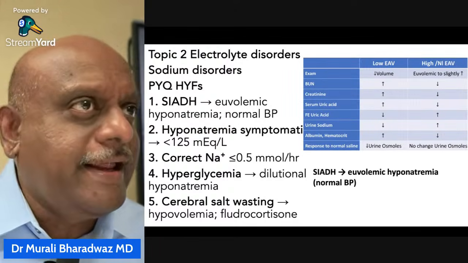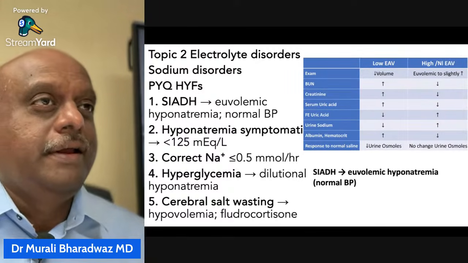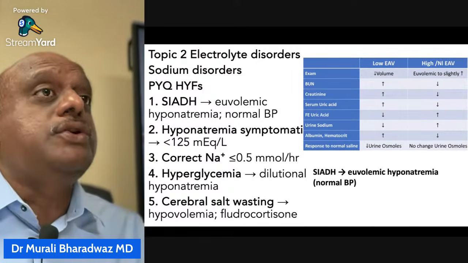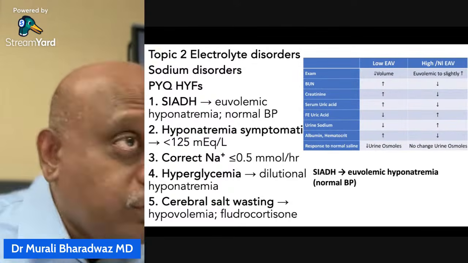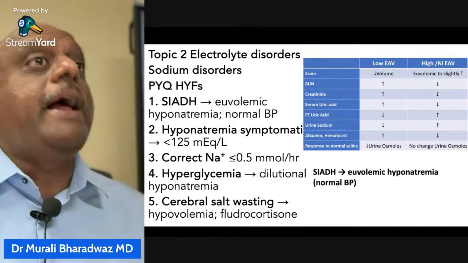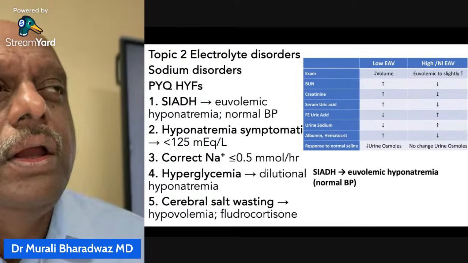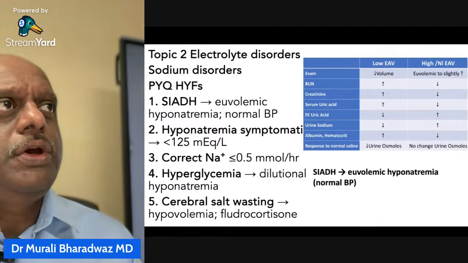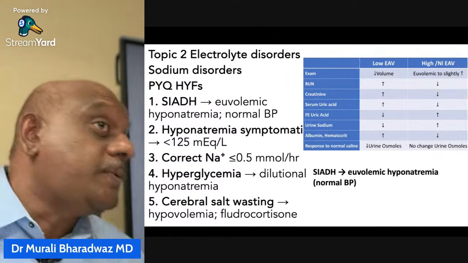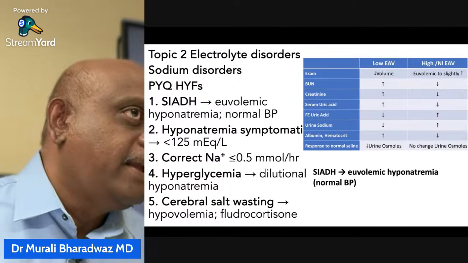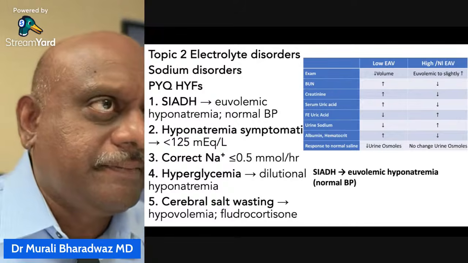Have you heard of SIADH? In a person in whom there is no edema, who is not dehydrated, who is euvolemic, whenever you find hyponatremia, you need to think of SIADH. Whenever we are dehydrated, obviously our osmolarity will increase, and that stimulates the pituitary to produce ADH.